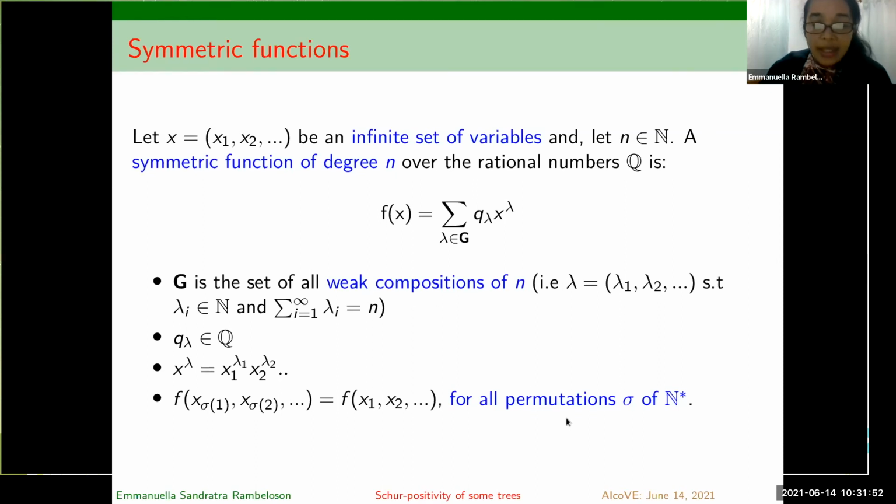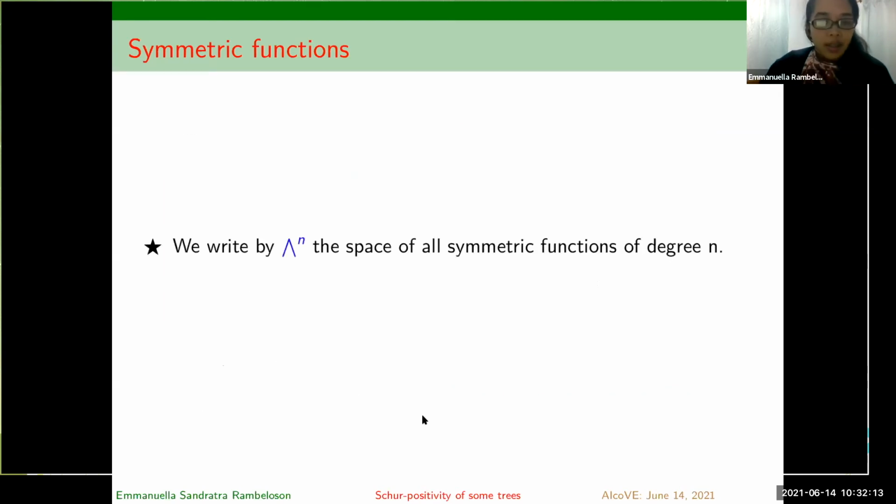And if we take sigma, a permutation of positive integers, then we must have this equality here, that f of x sigma 1, x sigma 2, and so on must be equal to f of x1, x2, and so on. Now, we write by this notation here the space of all symmetric functions of degree n, which is a Q vector space.